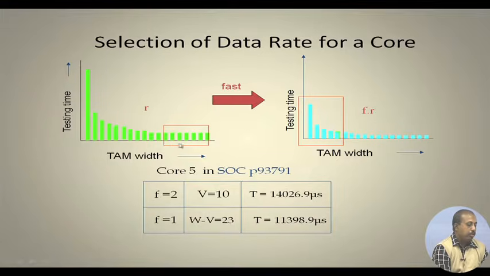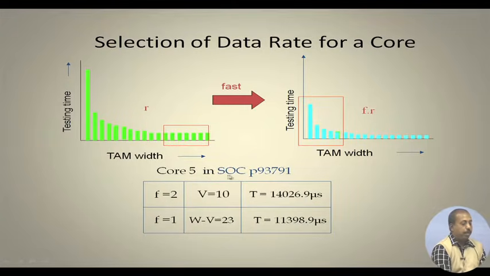I have to use more low speed channels, but when I have these high speed channels, then I do not need to use a higher TAM width. The low TAM width may be sufficient, because the test time is reduced significantly. So, I can use some values in this range.